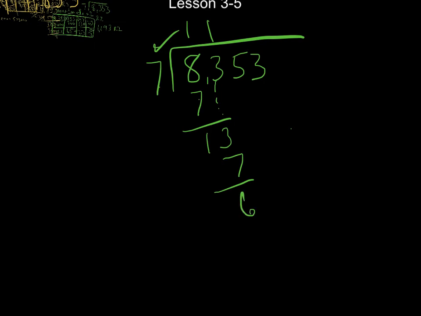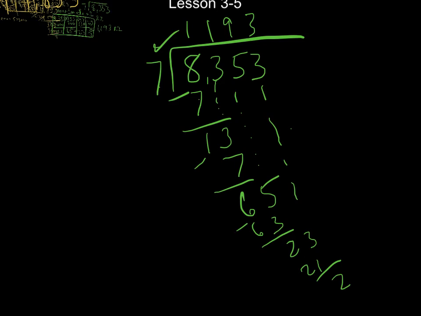Gives you 6 left over. This 5 falls down. I know 7 can go into 65 9 times to give me 63. Subtract it. You get 2. 3 falls down. 7 can go into 23 3 times to equal 21. Remainder of 2. So 1,193, remainder of 2. All right.